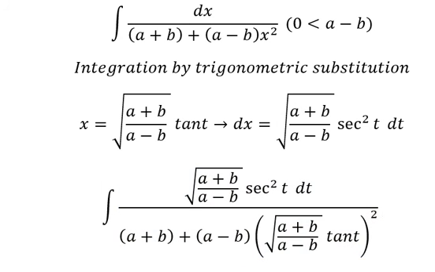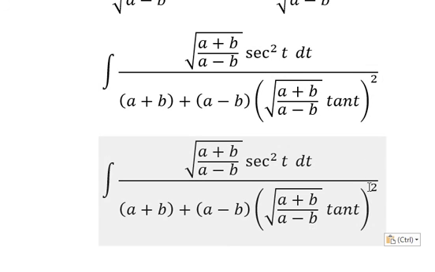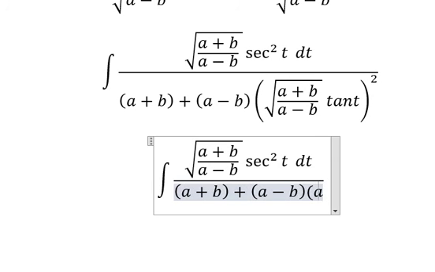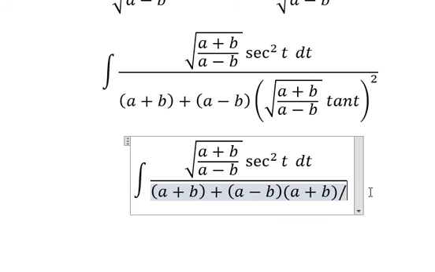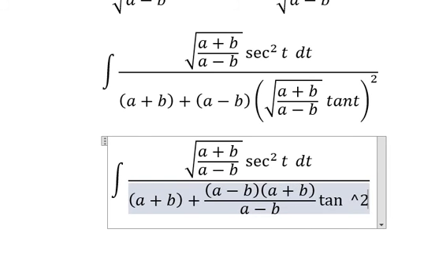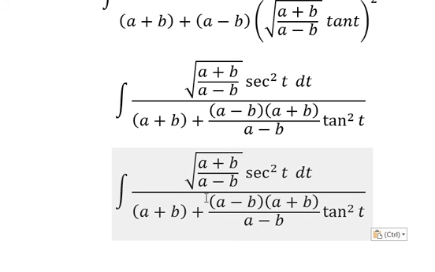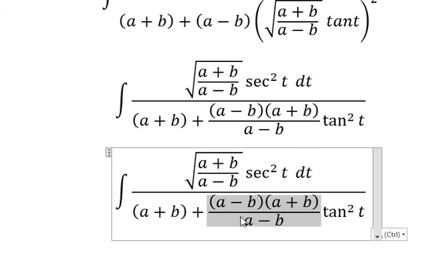Now we need to simplify. This one we have (a plus b) over (a minus b), and we have tan t squared. A minus b we cancel.